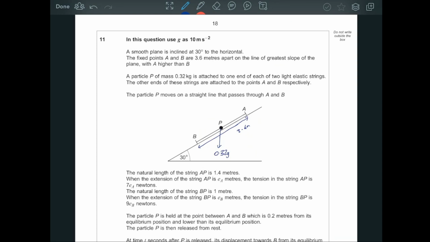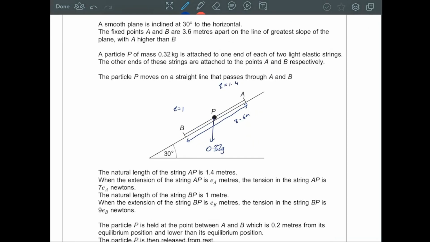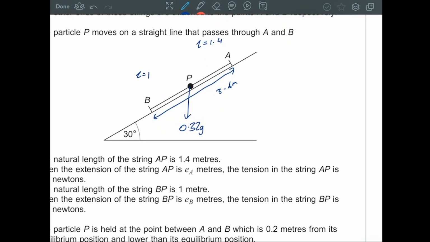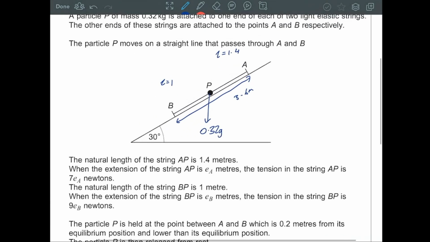It moves along a straight line passing through. The natural length of AP, are the two strings the same? No, we have been told different things about each of them. So we've got L is 1.4 here, and L is 1 there. When the extension in AP is E, the tension is 7E.